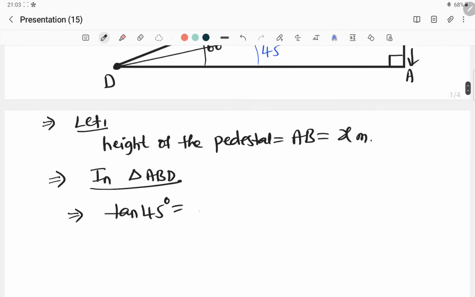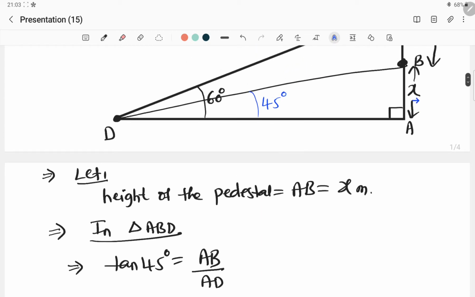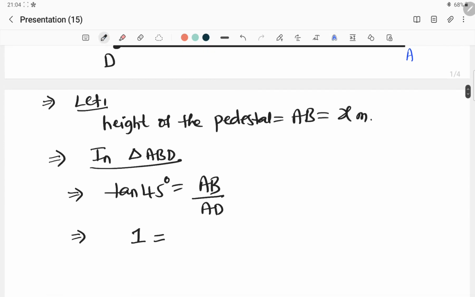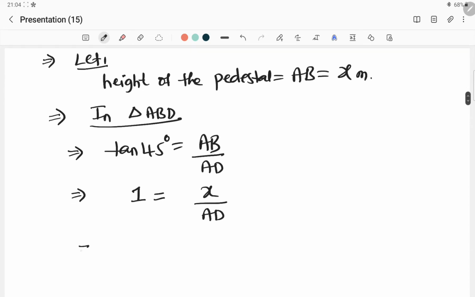So tan 45 equals AB divided by AD. Tan 45 is 1, and AB is nothing but X. So I'm going to substitute that as X divided by AD. Then I will send this AD to this side. So 1 into AD is AD, so AD is equal to X. Let me keep it as equation number 1.